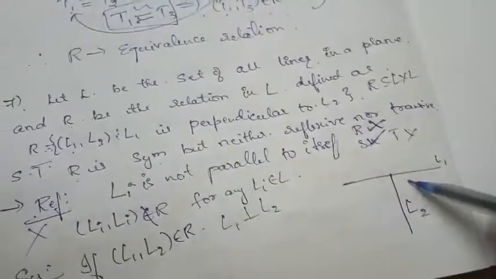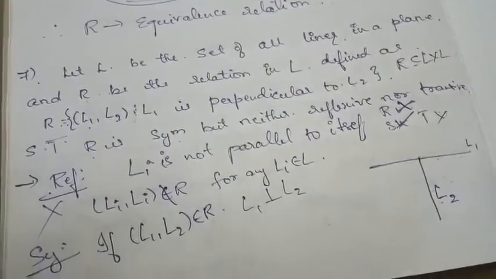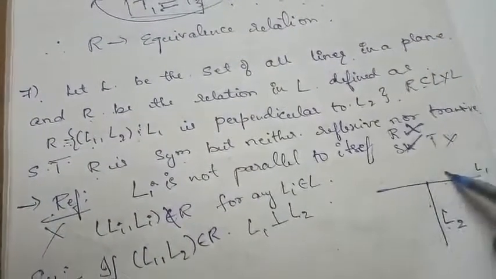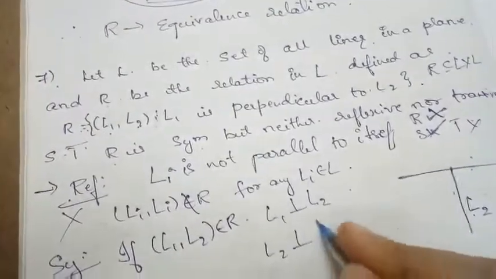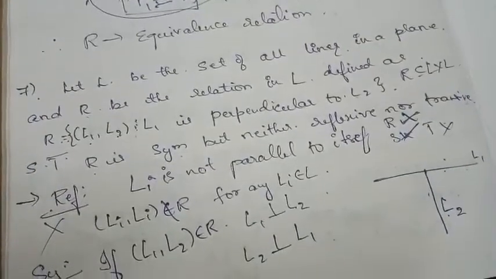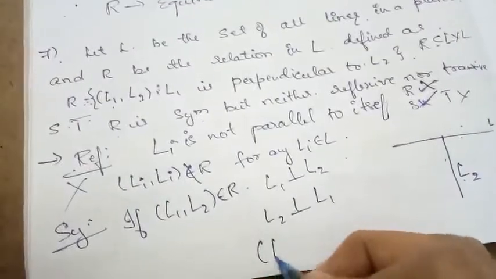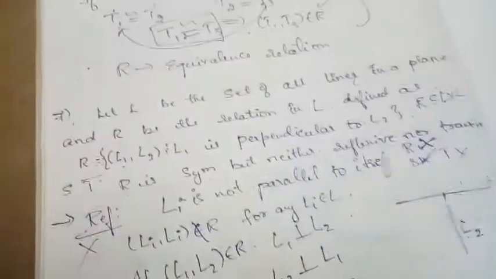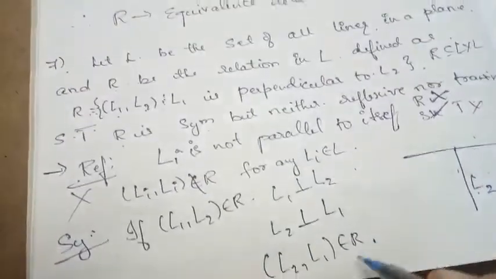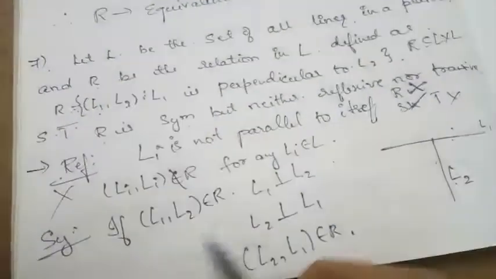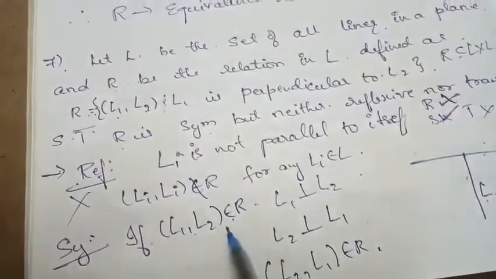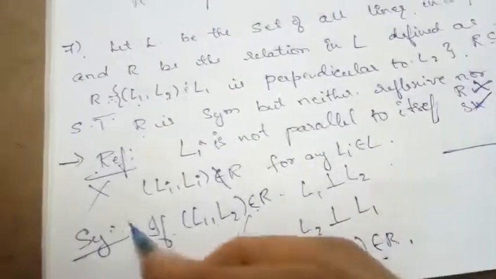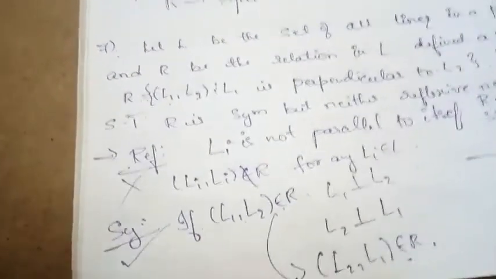Clearly L1 is perpendicular to L2, so I can say L2 is also perpendicular to L1. If L2 is perpendicular to L1, then clearly (L2, L1) belongs to R. That is what the relation is saying: if any two lines are perpendicular, then those two lines belong to the relation. So if (L1, L2) belongs to R, the reverse (L2, L1) also belongs to that relation. So this relation is a symmetric relation.